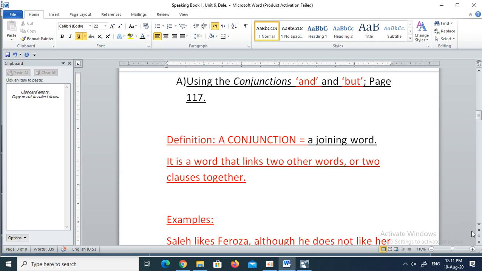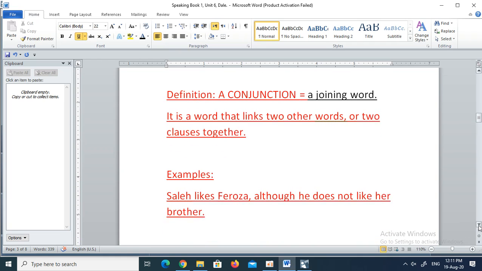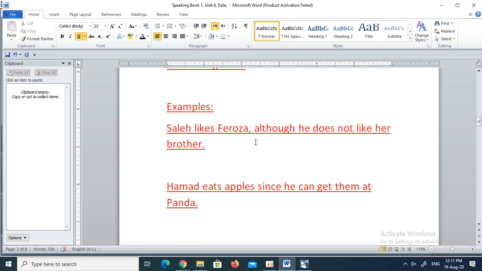So, if we have some examples, Sally likes Feroza, although he does not like her brother. That word, although, is our conjunction.